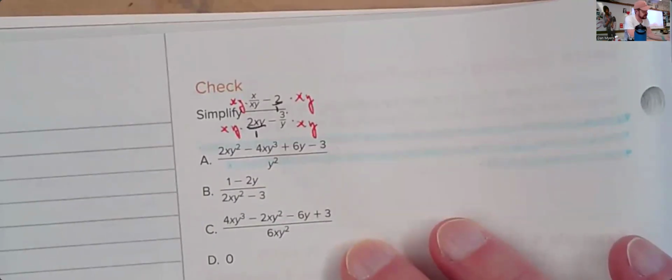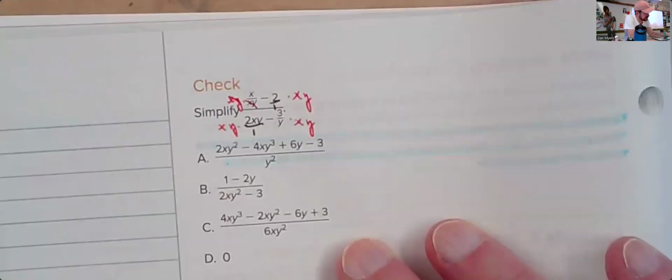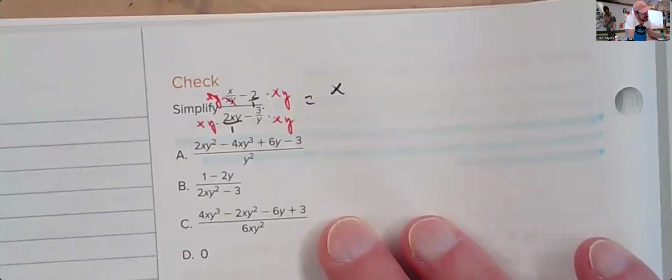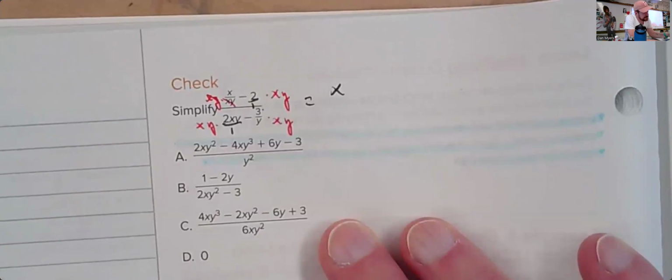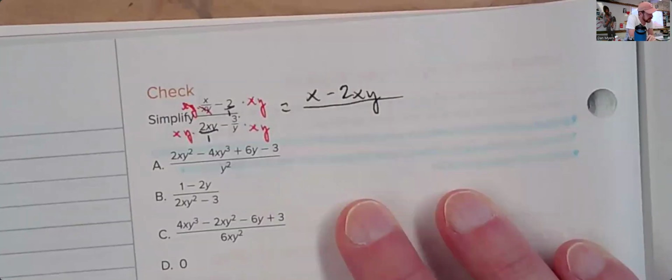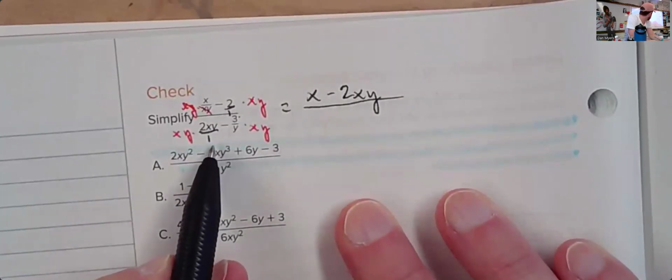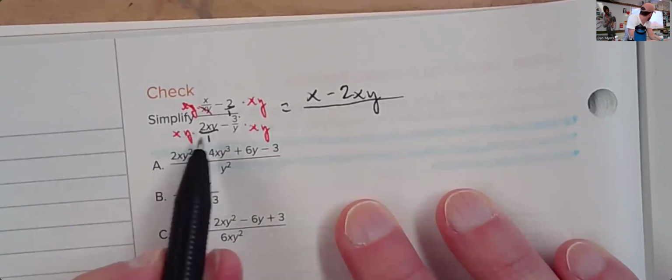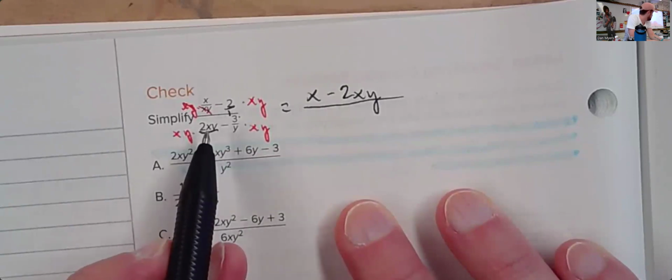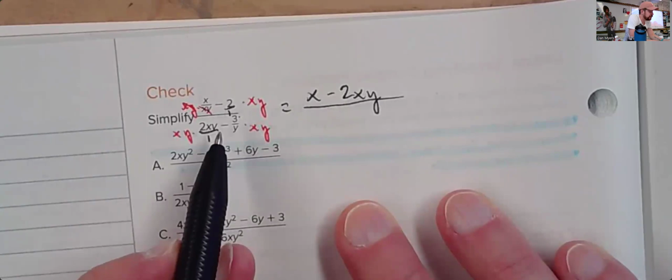Now in this first fraction, xy cancels with xy, which leaves us with just x. So that equals x. 2 times xy, that'll be a minus 2xy over. Xy doesn't cancel out with anything because that was a 1 down there. So it's going to be 2x squared y squared, because the x multiplies with the x to be x squared, and the y multiplies with the y to be y squared.